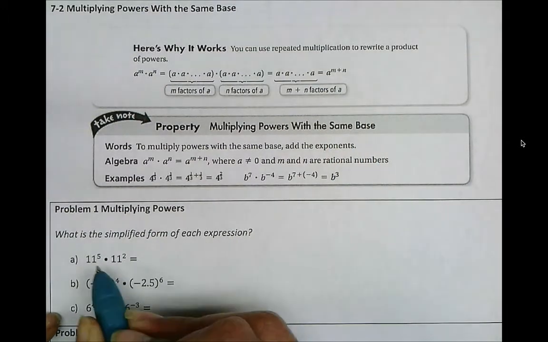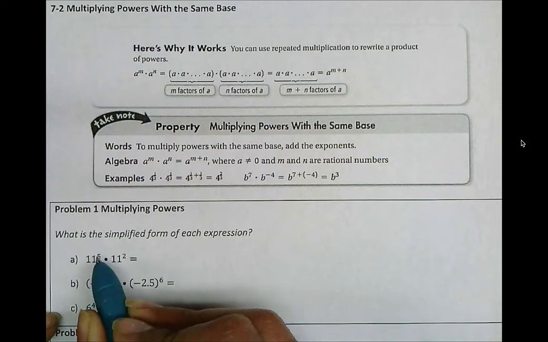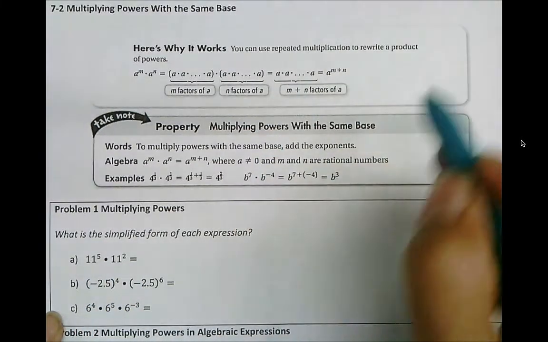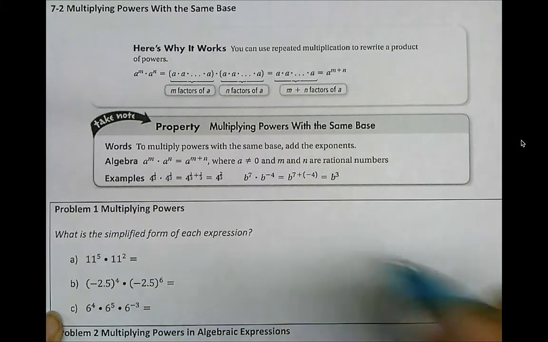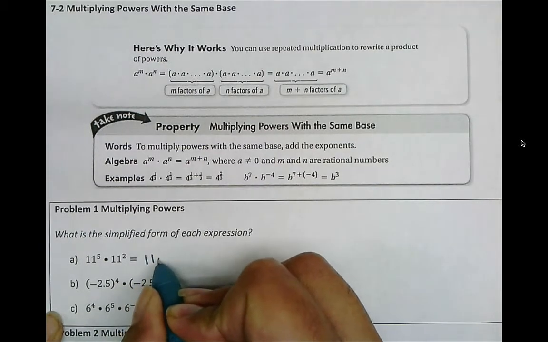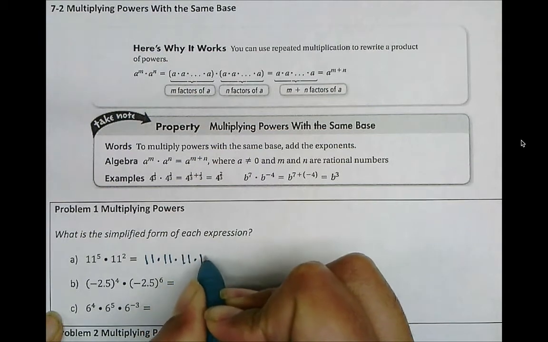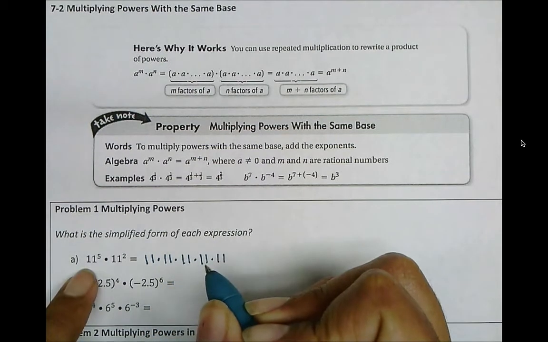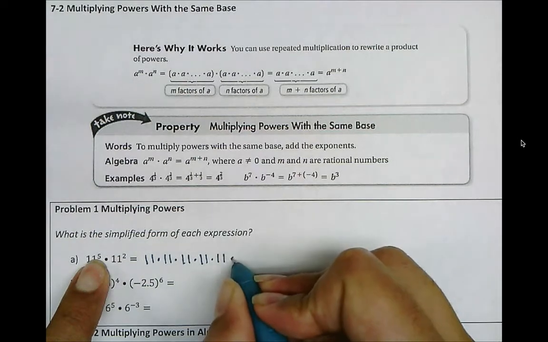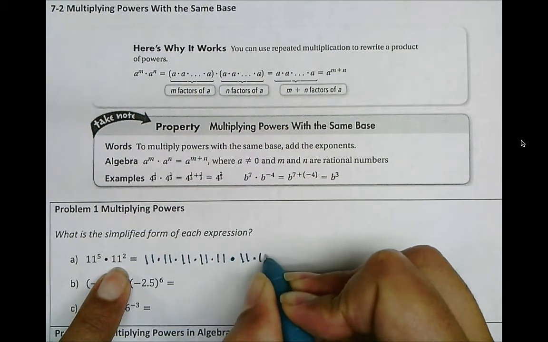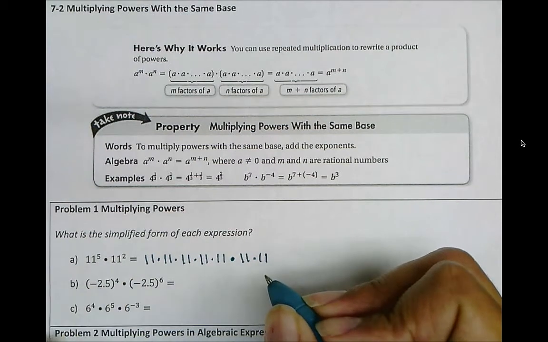So in our first example, 11 to the power of 5 times 11 to the power of 2, I will use the repeated multiplication method to explain this. 11 times 11 times 11 times 11 times 11 represents 11 to the power of 5. That we're going to multiply by 11 times 11, which is 11 to the power of 2.